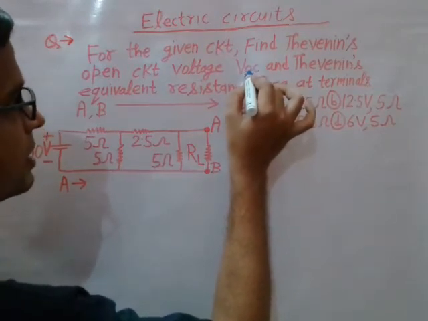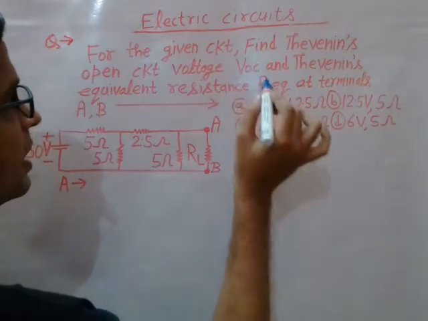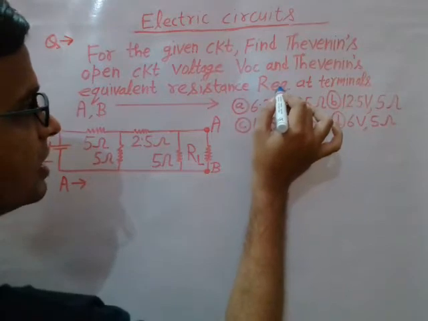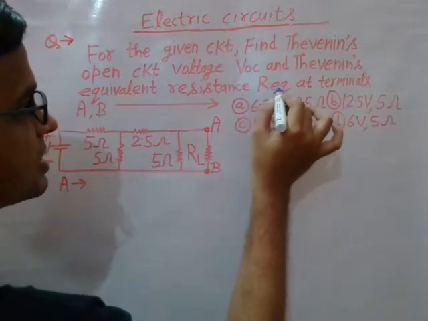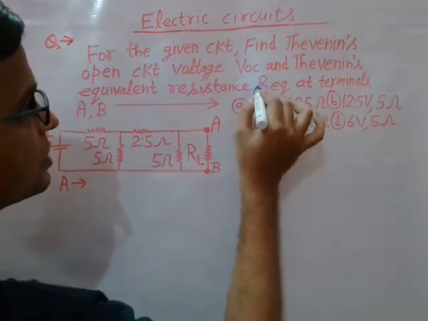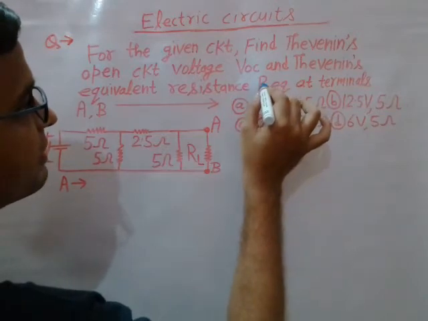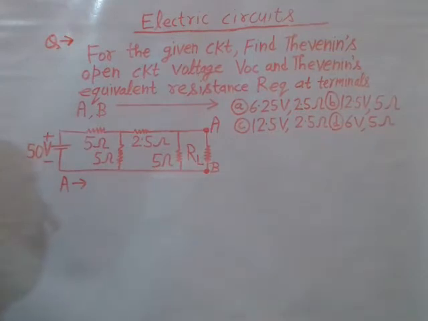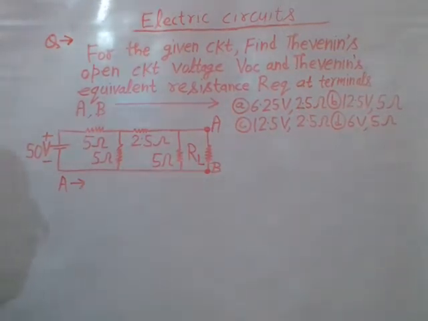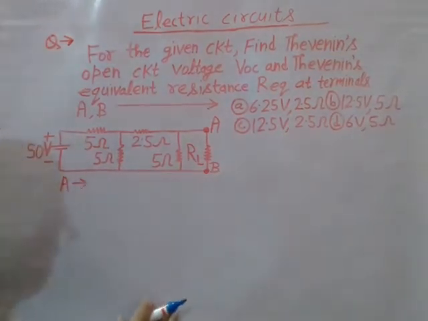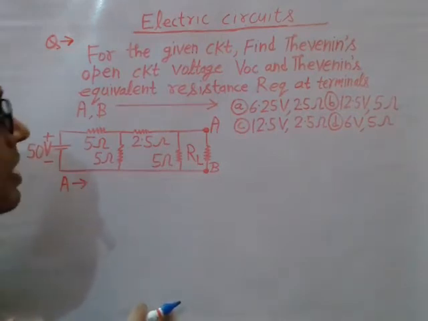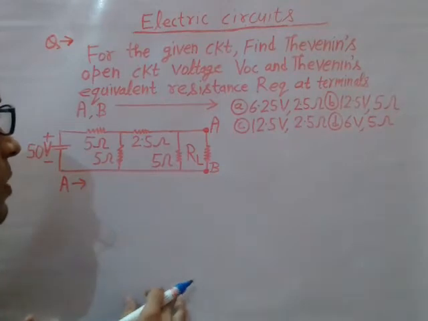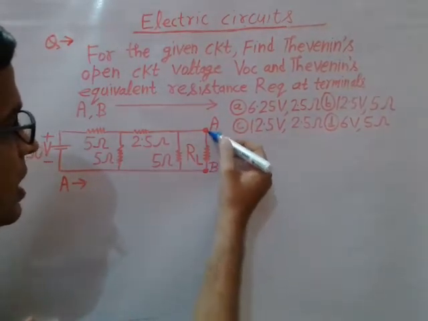And he has denoted Thevenin's resistance by R equivalent, where suffix EQ is equivalent. So R equivalent is the Thevenin's resistance across terminals A and B. These two quantities, VOC and R equivalent, you have to calculate across the terminals A and B.